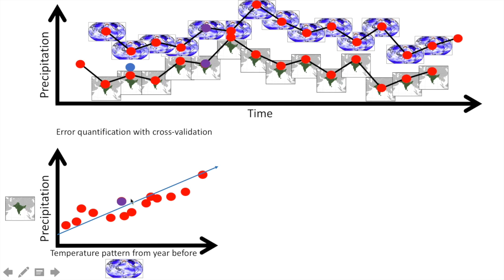So you can go to another data point and pull out the test data and then use the training data to fit a statistical relationship, and then make a forecast based on only the training data, and then see what the error is for that year compared to the test data, and then plot that again in time. And so this is done for every single data point.